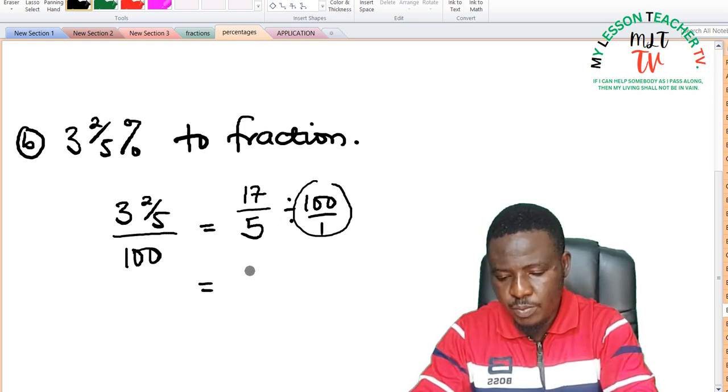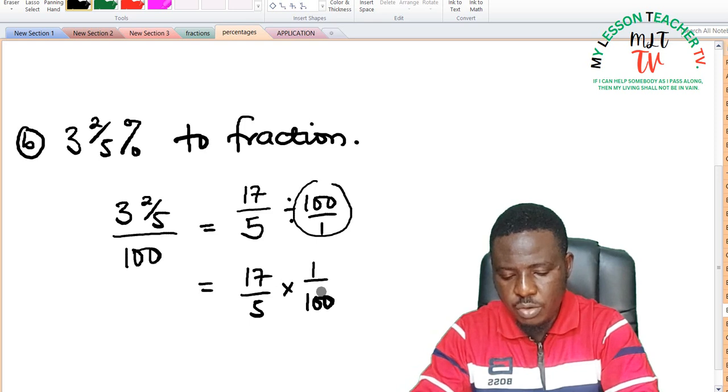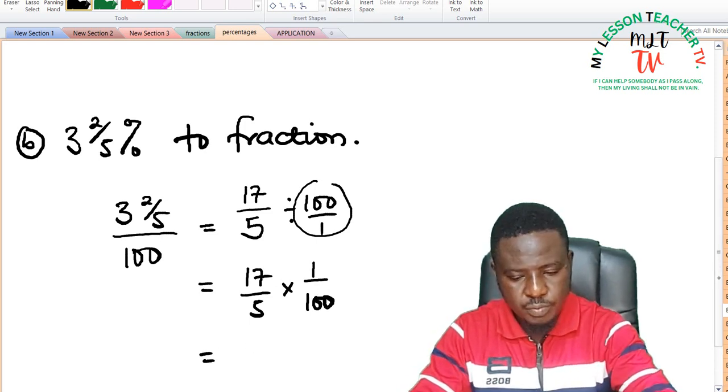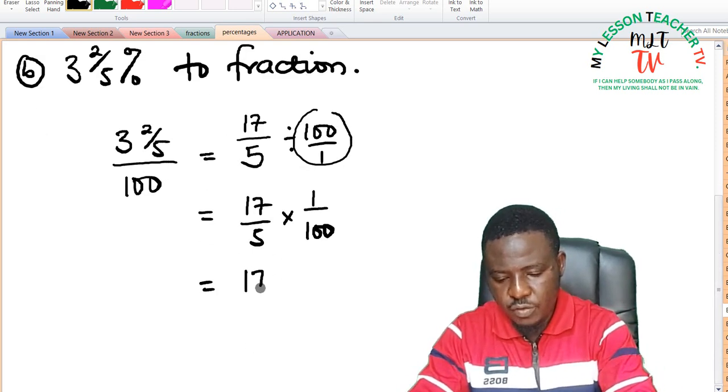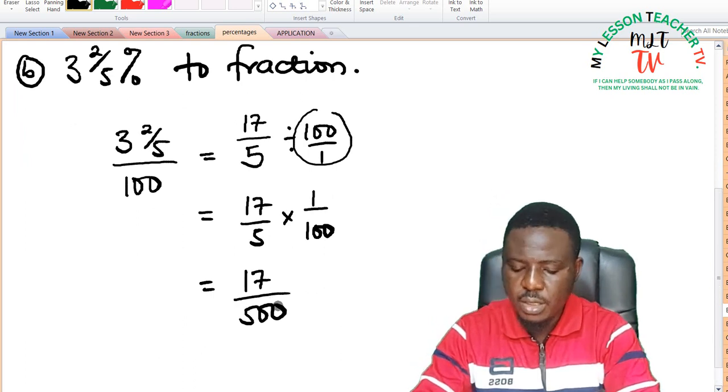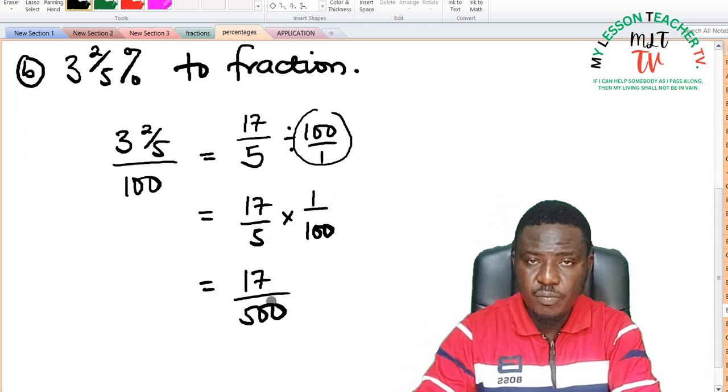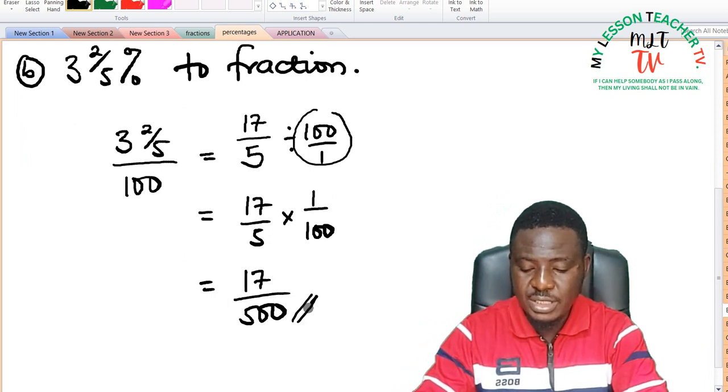So this is equal to 17 divided by 5 times 1 over 100, which is equal to 17 divided by 500. As a fraction, this is in its lowest term, as there is no factor that can divide 17 and 500.